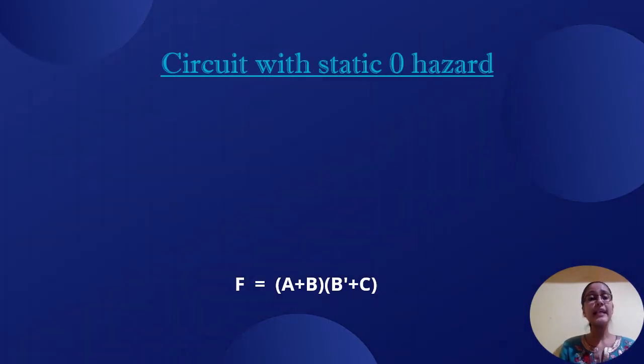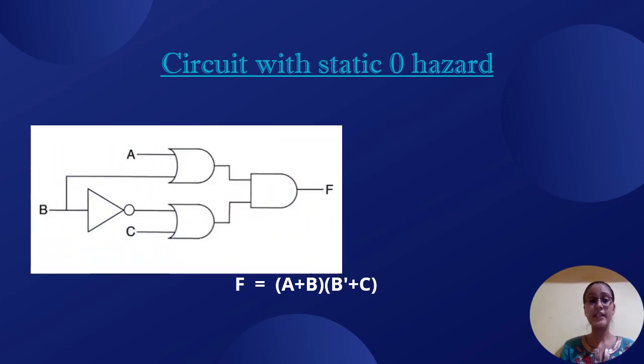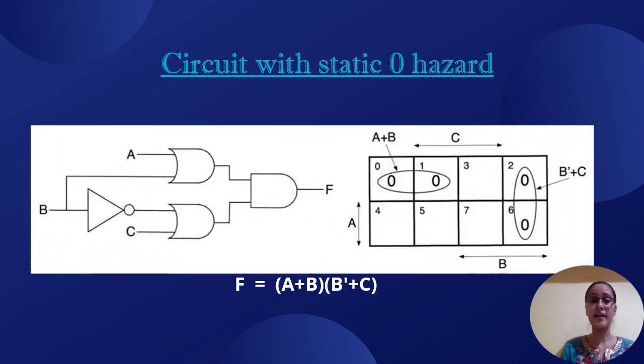So let's take an example, a circuit with static zero hazard, and try to cover that. This is a simple circuit where we can understand the static zero hazard. When you solve this circuit, we'll get the expression as this. I will consider the A input to be 0 and the C input to be 0 always.